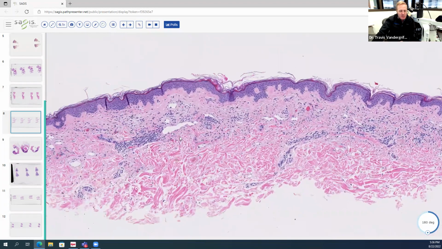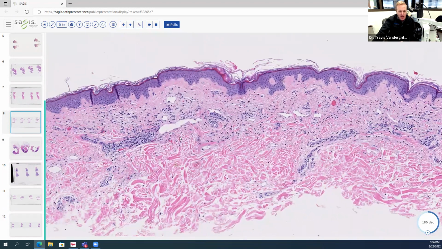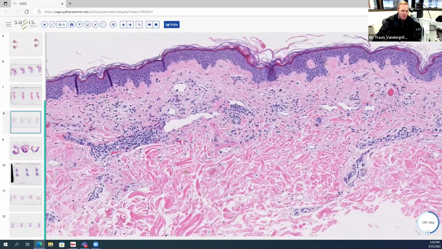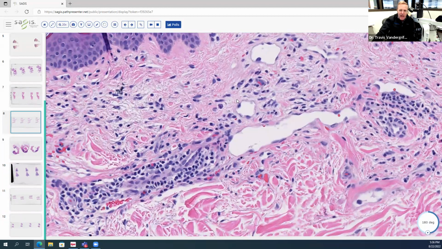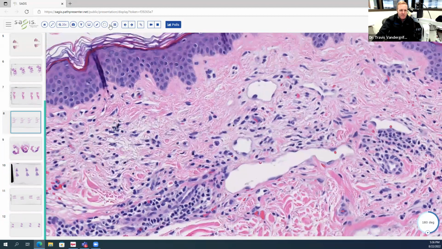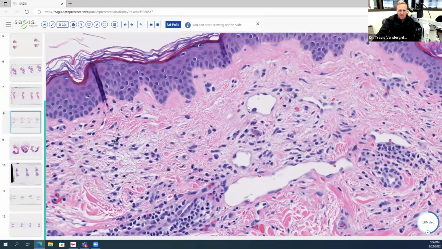But the way that you diagnose this is to recognize that it's a benign vascular proliferation, that the vessels are larger and more dilated superficially, and that as you go deeper, they become smaller and more compressed. You'll find hemosiderin pigment in the stroma and hobnail endothelial cells. Those are the diagnostic criteria for a hobnail hemangioma or targetoid hemosiderotic hemangioma.